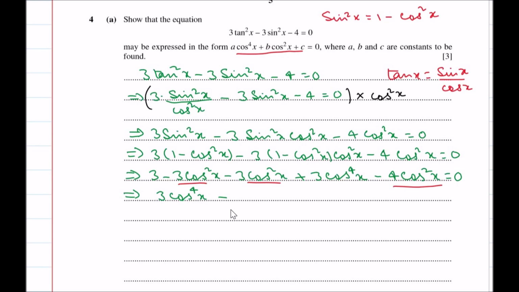So this is giving us negative 10 cos square x and plus 3 equal to 0. This is what we had to bring. So here what is a? Here a equal to 3, b equal to minus 10 and c equal to 3. Okay, so done.